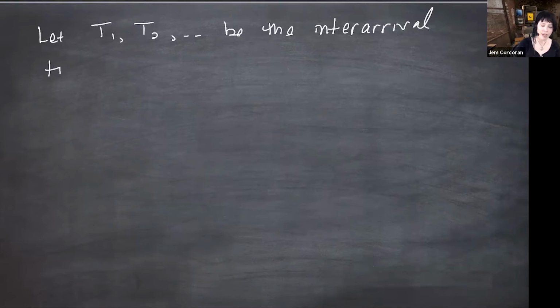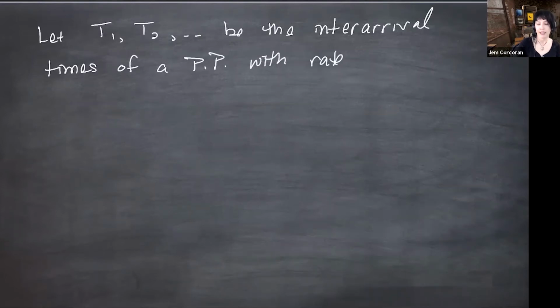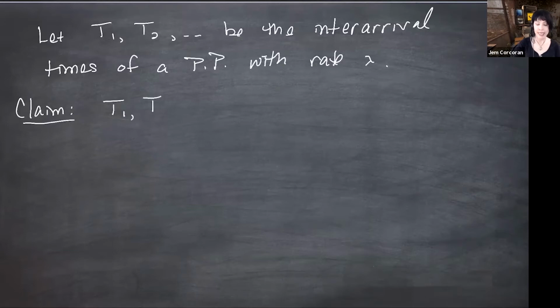The inter-arrival times of a Poisson process with rate lambda. My claim here is that the T's are IID, independent and identically distributed exponential random variables with rate lambda.